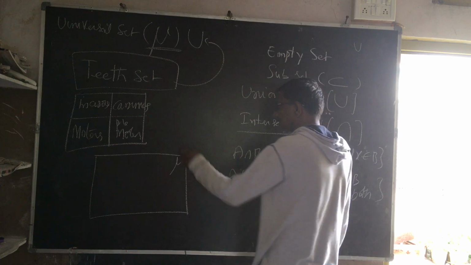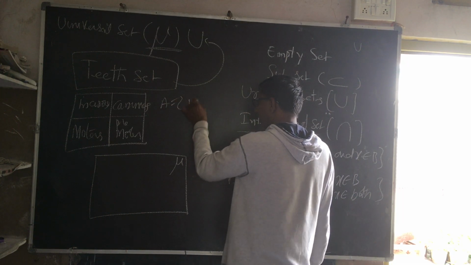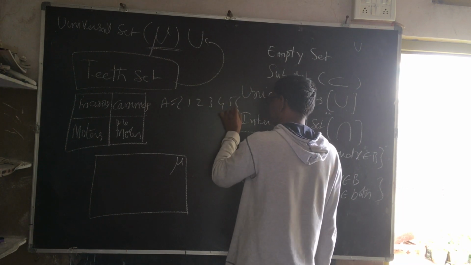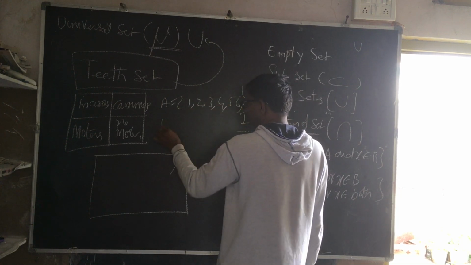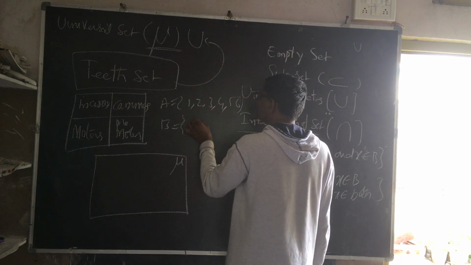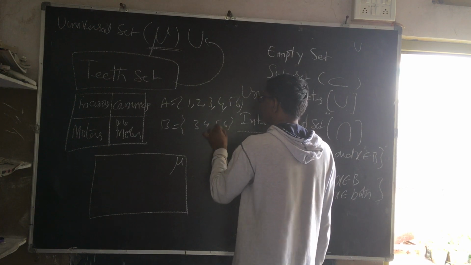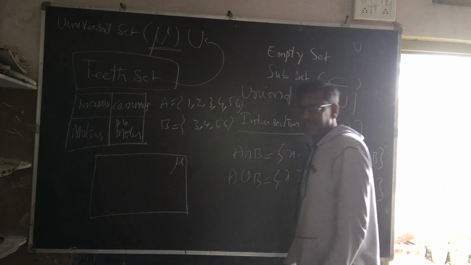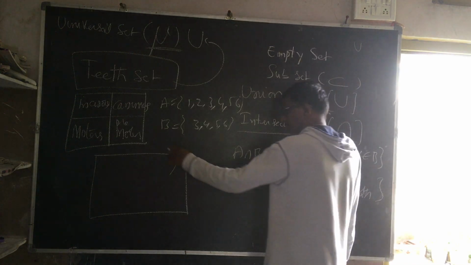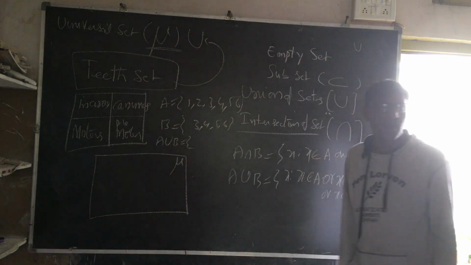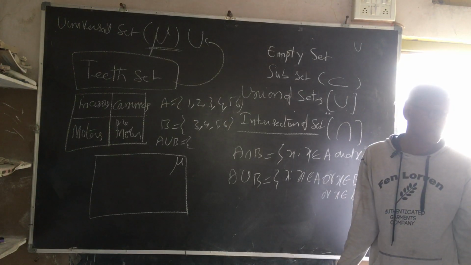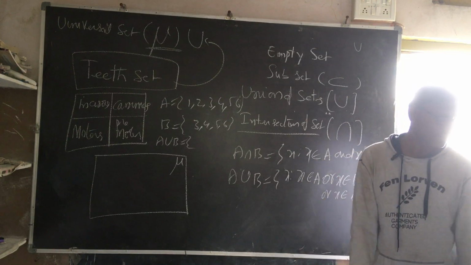We have some sets like A is 1, 2, 3, 4, 5, 6, and B is equal to 3, 4, 5, 6. I want to make the union of sets, A union B. I told you now, A union B is all elements in one set.